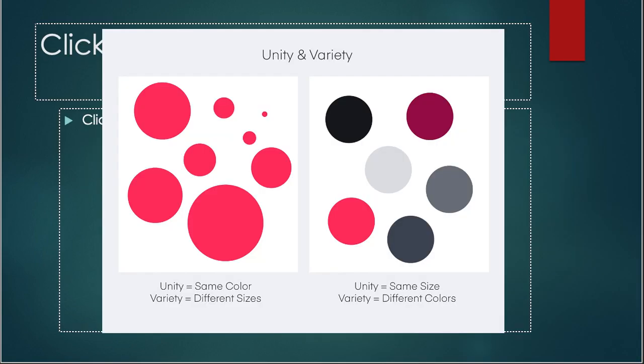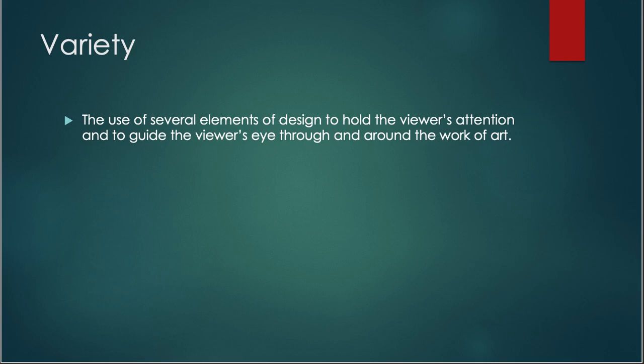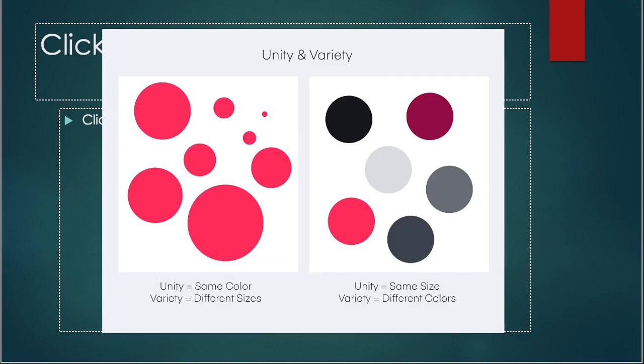Okay, variety. Variety is the use of several elements of design to hold the viewer's attention and to guide the viewer's eye through and around the design. So we can take a look at some examples of unity and variety.